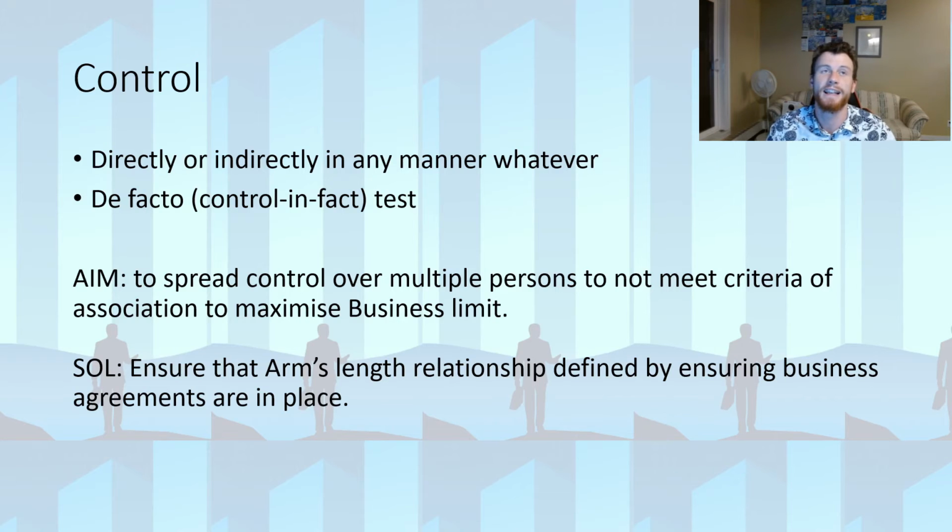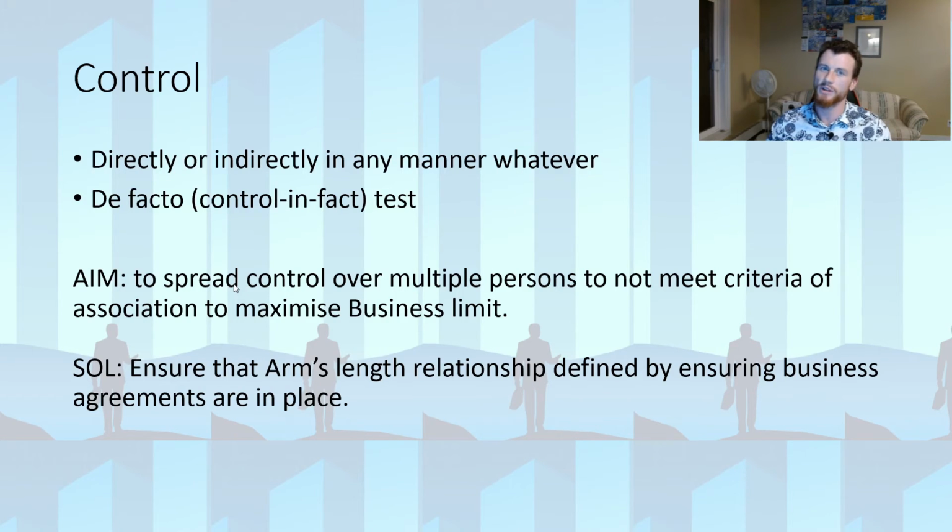In saying all of this, if you own a corporation and you want to maximize your business limit, and you decide to entrust your partner to set up a corporation and then control that corporation by owning all the shares, all the voting rights, assets and a revenue stream, then you better trust that person, because if that person decides to leave you, then theoretically they could take all of that because you've given them that control.